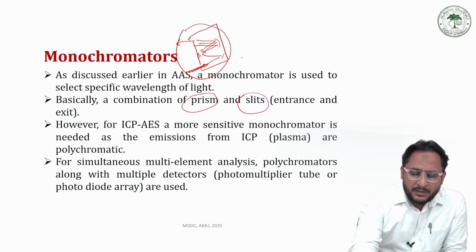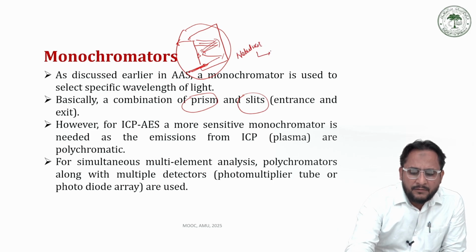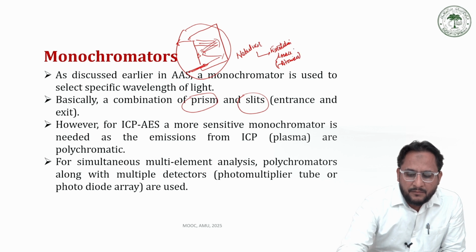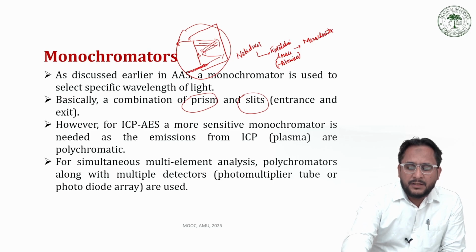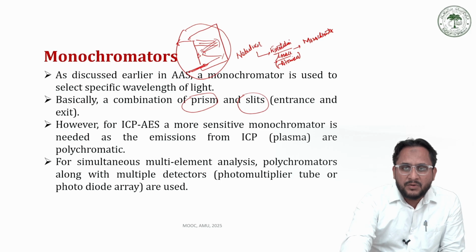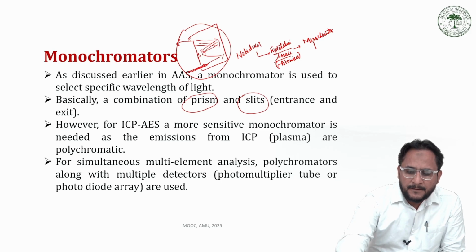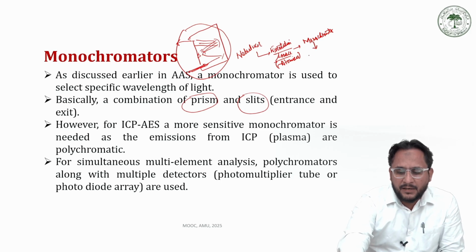So in AES, we first have the sample introduction, then we have the excitation source or an atomizer, and finally we have the monochromator to select the specific wavelengths that are emitted when the sample is heated in the excitation source, and at the end we have the detector placed over here.